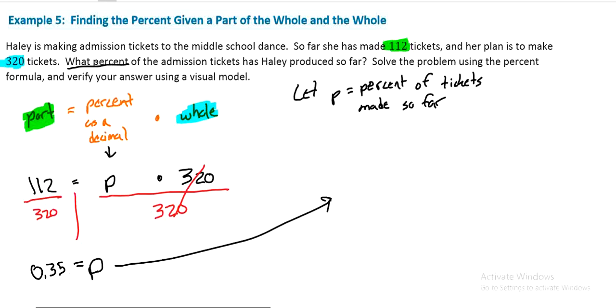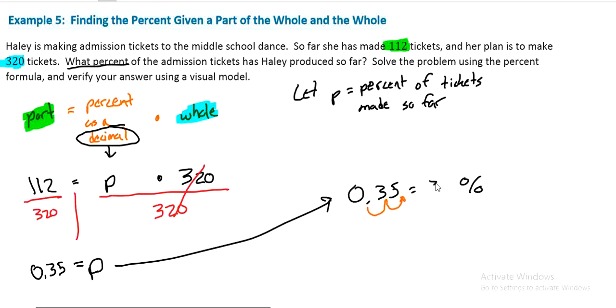So they want to know the percent. Now we do have 0.35 equals P, but remember that is a decimal. We want to turn 0.35 into a percent. To do that, you take the decimal point and move it twice to the right.